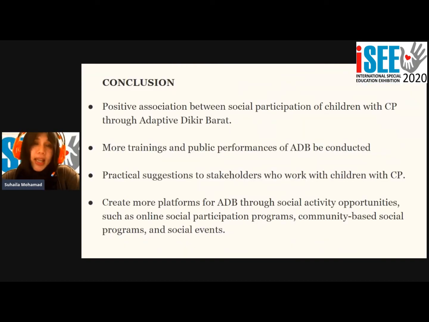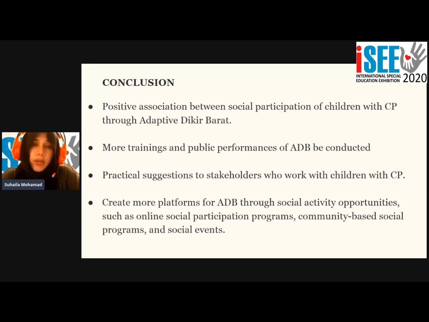Conclusion. This case study indicates a positive association between social participation of children with CP through ADB. The results suggest that more training and more public performances be conducted to determine if providing greater social participation can increase a sense of happiness, togetherness, confidence, and friendship.